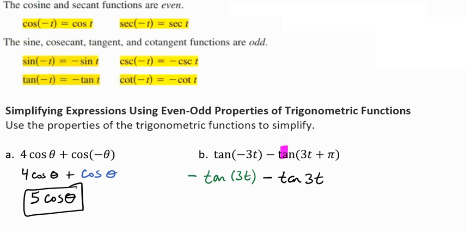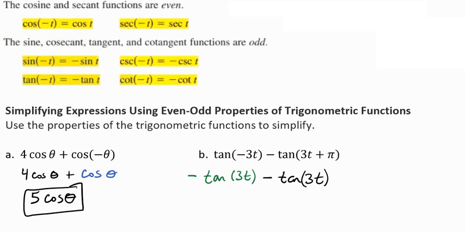So why did this just change to a 3t? Well, the period of a tangent, remember we talked about that in an earlier video, is pi. Therefore, I can say that the tangent of 3t plus pi is just the tangent of 3t.